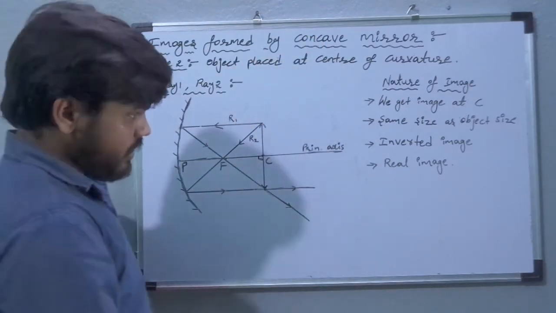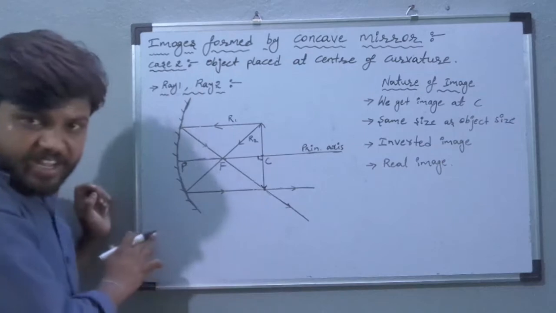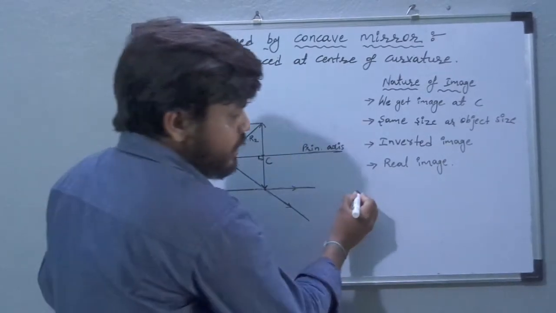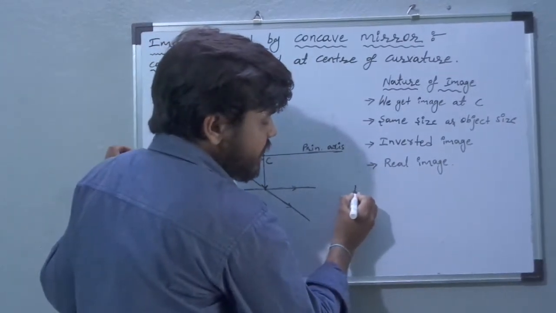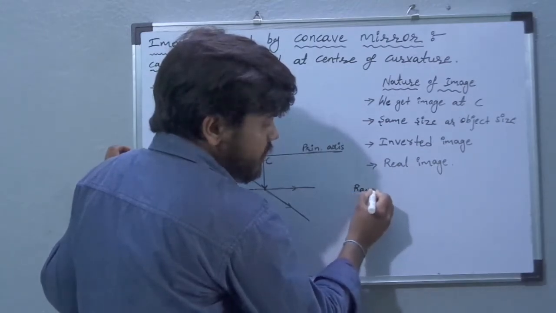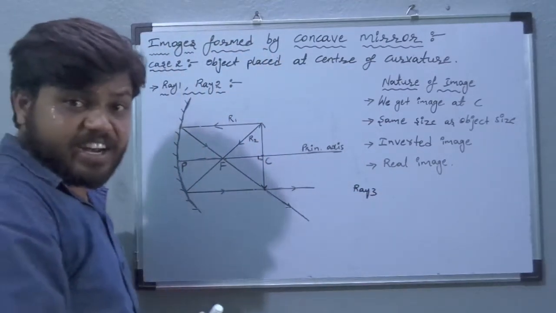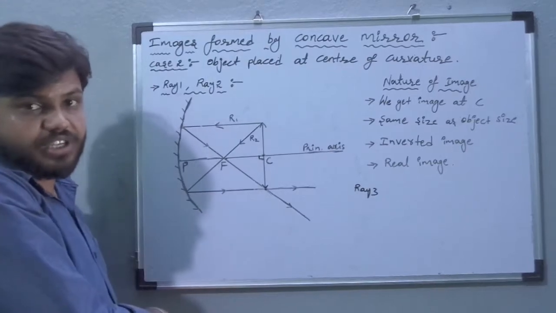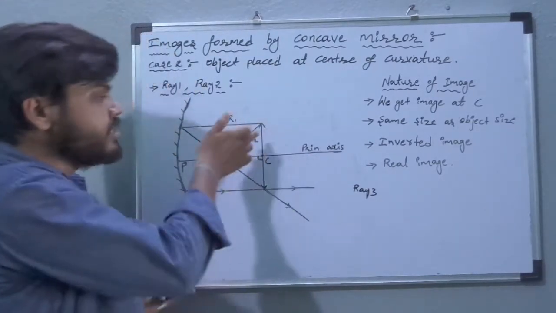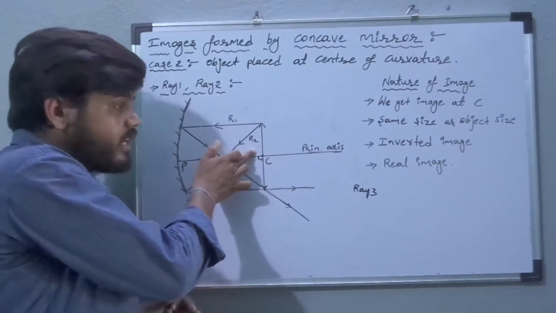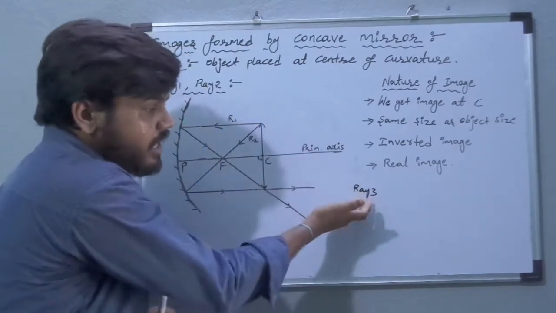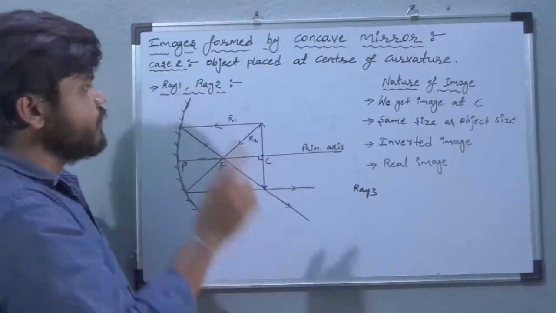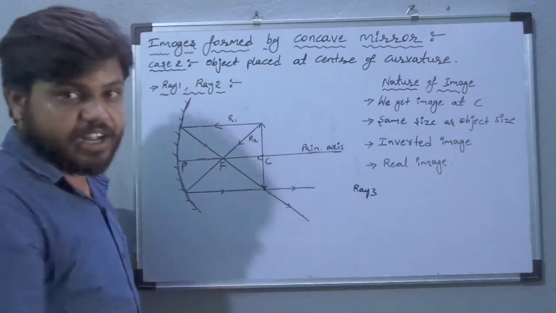And we have only one ray diagram for that. Sir, why are you not taking ray 3? Ray 3 is the incident ray passing through the center of curvature. Already we placed the object at the center of curvature, so there is no possibility to take ray 3, right? That's why we have only one ray diagram.